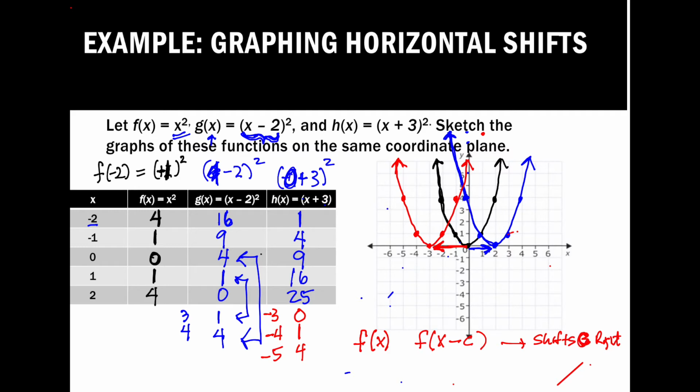Sorry, we did move 3. And if we start out with f of x, and we have an f of x plus c, we saw that it shifted c units to the left. So what we see is opposite direction of the sign.